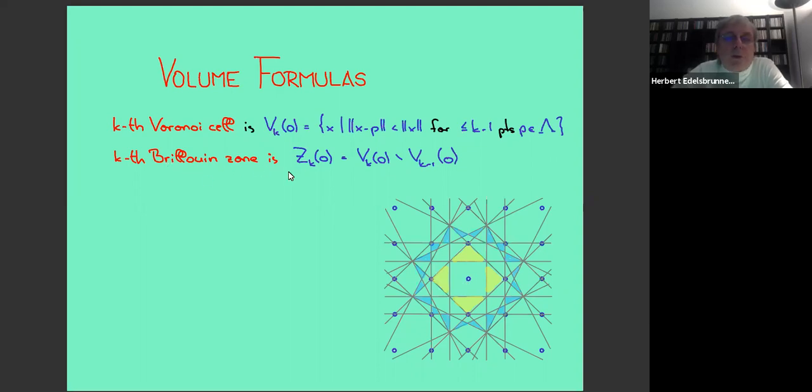And the Brillouin zone is the difference between two consecutive Voronoi cells. So the yellow is the second Brillouin zone. And the next color is blue, I believe, 1, 2, 3, 4, 5, 6. That's the sixth Brillouin zone, I believe.